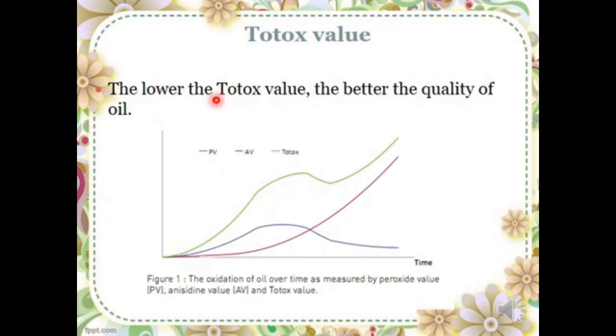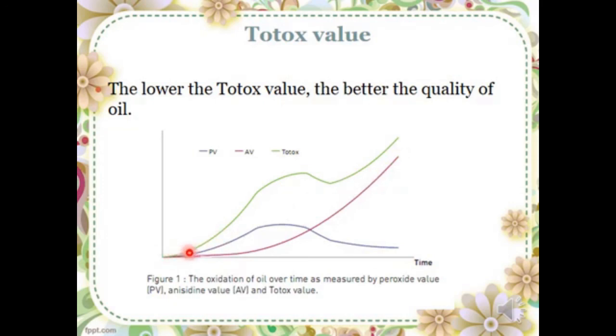So the lower the Totox value, the better the quality of oil. So this green curve shows the Totox value. This purple curve is the PV value, and this red curve is the AV value. So the formula is Totox value is 2 times PV plus AV.